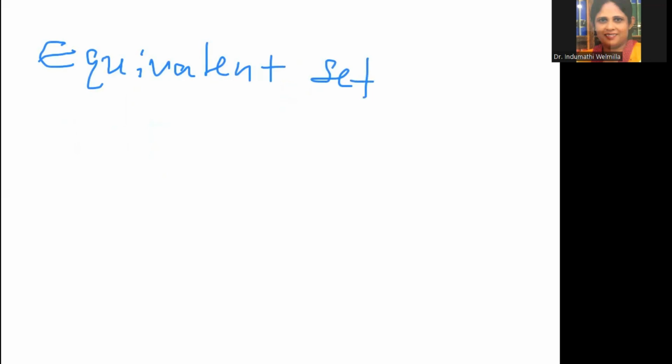If the number of elements is the same for two different sets, very clear, then they are called equivalent sets. The order of elements does not matter here, remember, and it is represented as n(A) equals n(B). That means the sets A and B have the same number of elements.